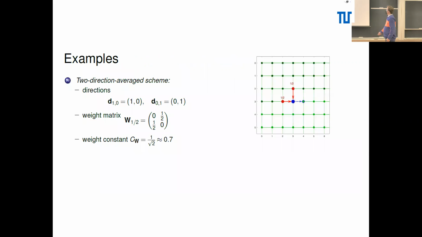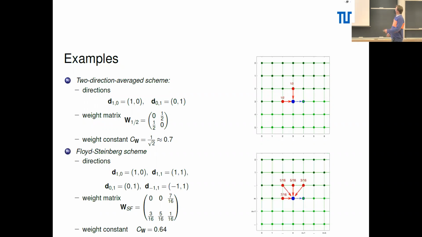So here, let's explore some weight functions. Here we're having the 2-direction average scheme. If we are just going vertically and horizontally, we're seeing that the weight constant is 0.7.